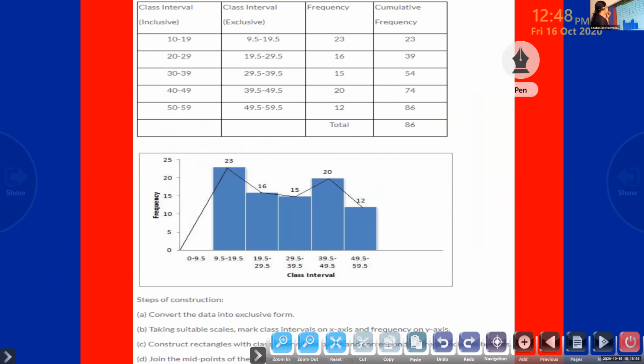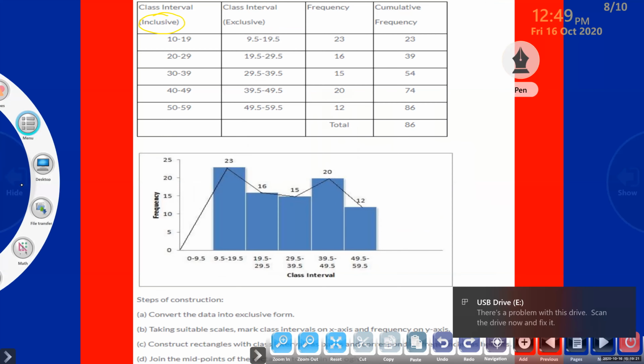Okay, children. So this is the question. Did you see that class interval? And this is known as inclusive.